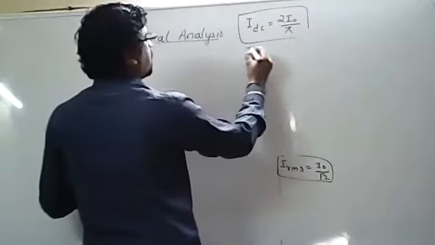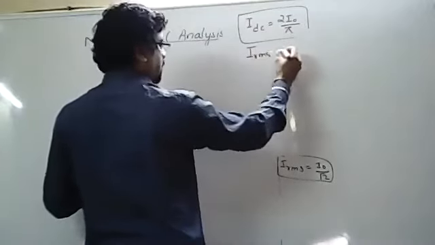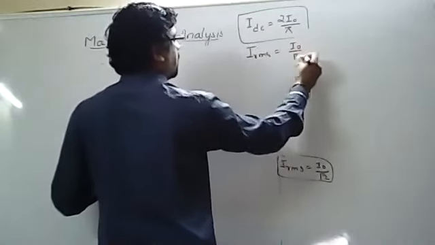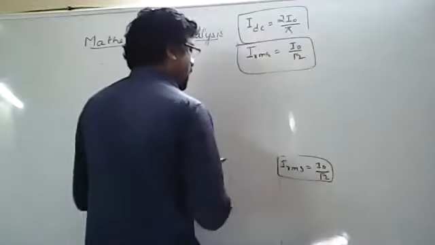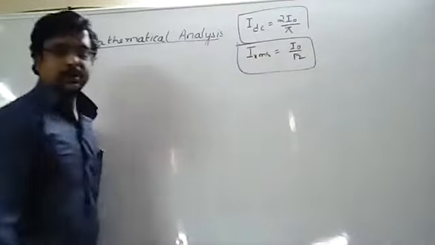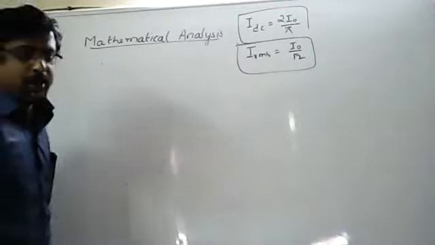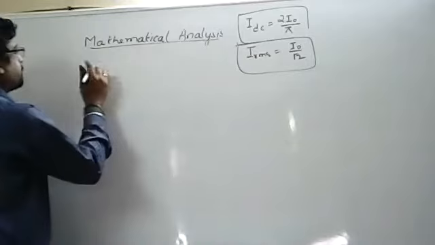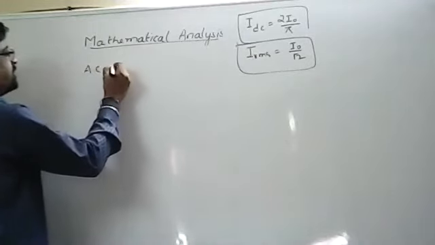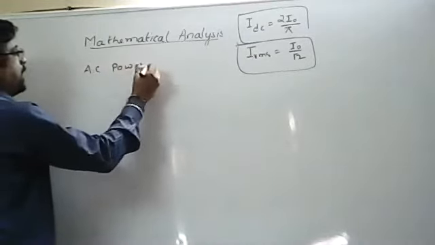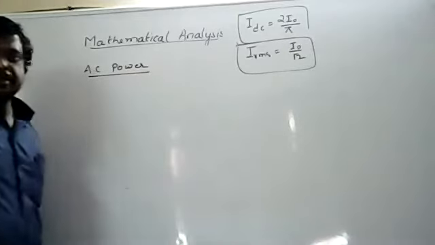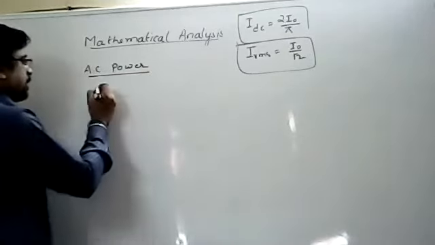So I got the RMS value as IRMS is equal to I naught by root 2. These two values are important for my derivation of efficiency. Next we have to find AC power. How to find AC power?